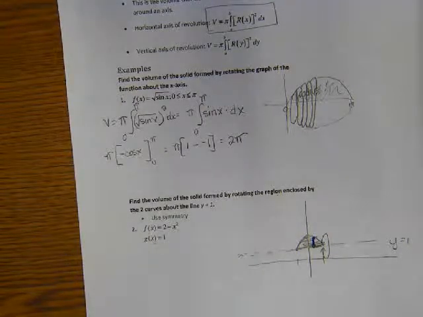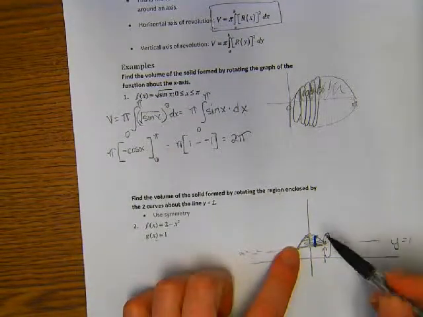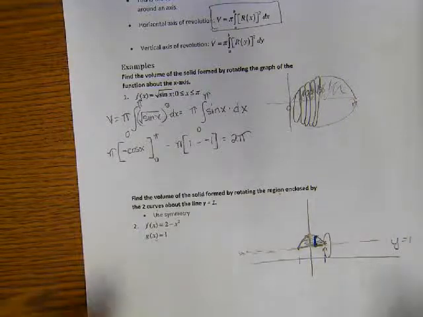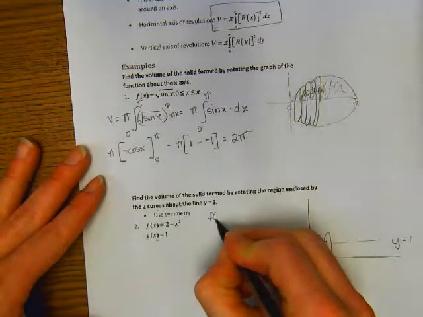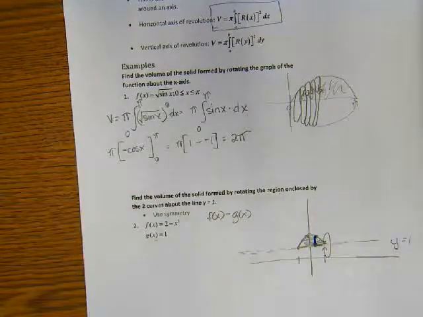Yes, Danny, you're right, it's from negative 1 to 1, and so essentially here's what I'm doing. To figure out the radius, I'm taking f of x minus g of x.